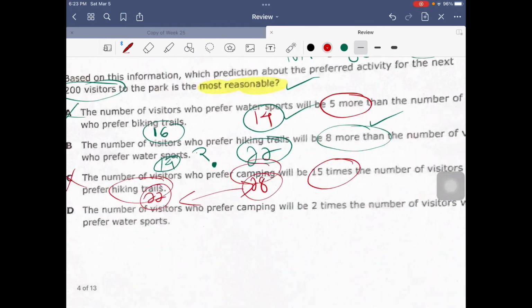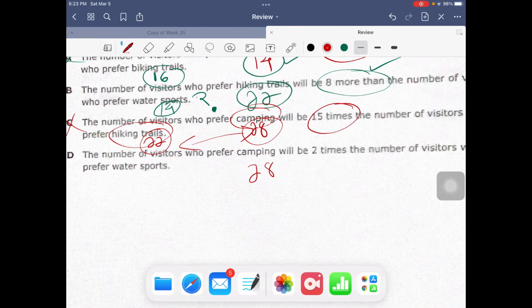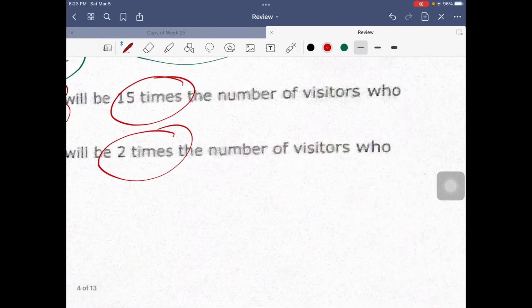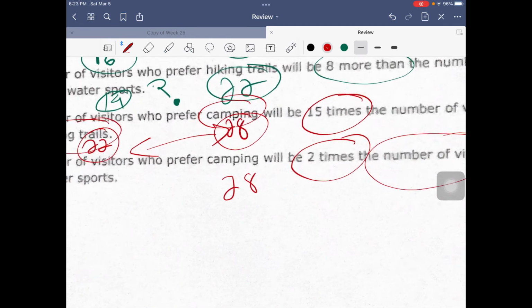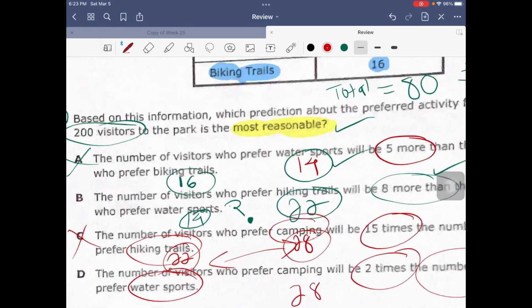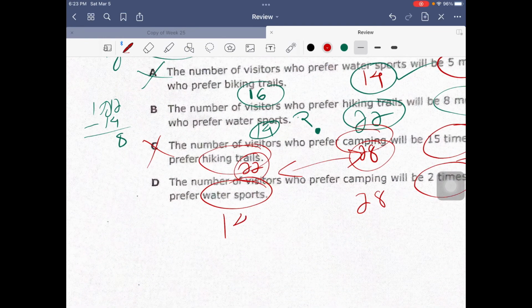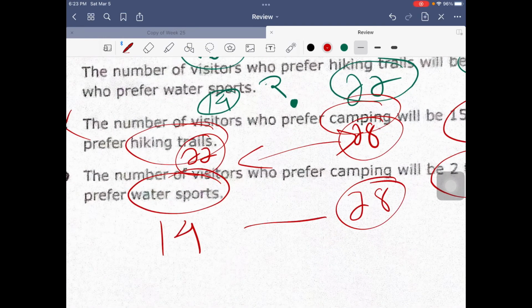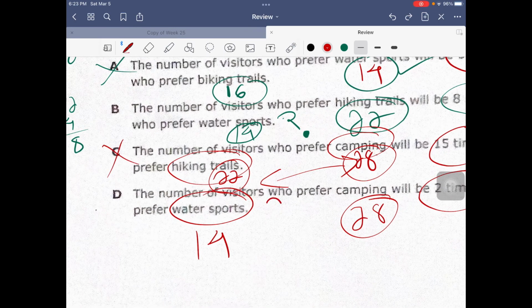Now, D, the number of visitors who prefer camping. How many prefer camping? 28. Will be 2 times the number of visitors who prefer water sports. How many prefer water sports? 14. Now, is this 2 times this? Yes. 2 times 14 equals 28. So which one's going to be my answer? Well, here's my explanation.